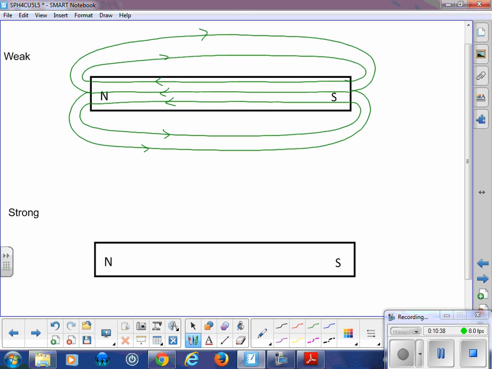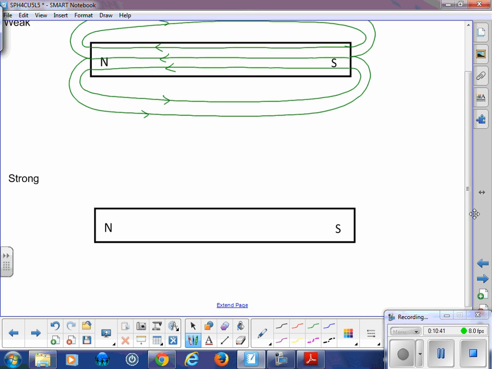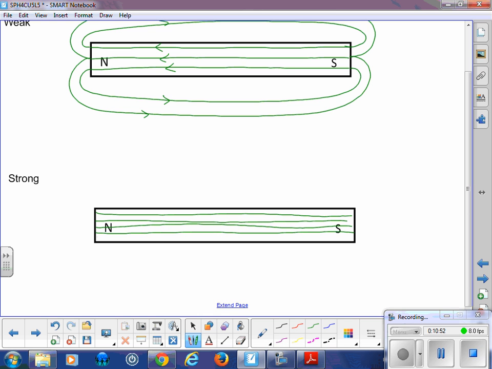Use about 3 lines in the middle. For a strong magnet, let's try for 5 here. 1, 2, 3, they're supposed to be parallel lines. 4, 5. So the field lines are tighter together. Field lines are closer together in a strong magnet, or that's how we represent it.